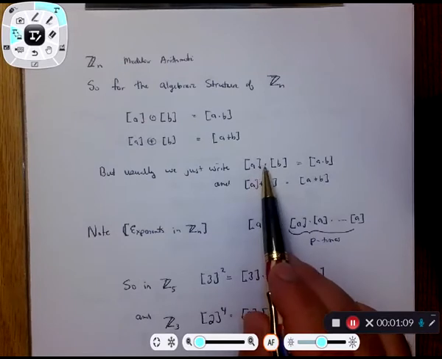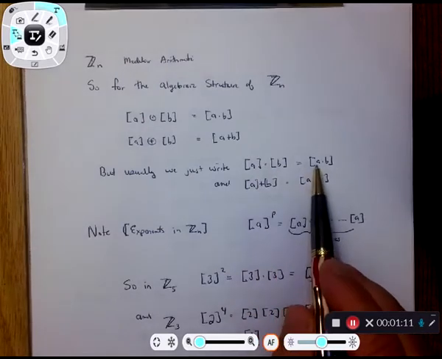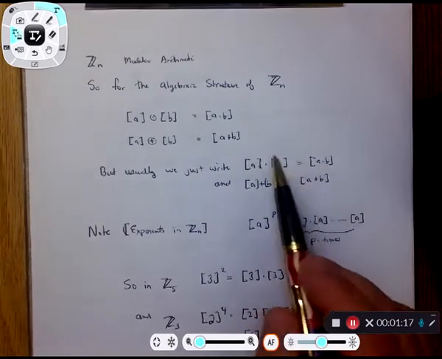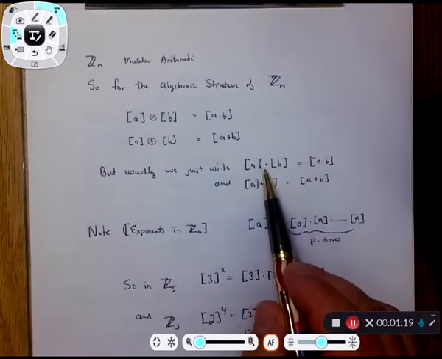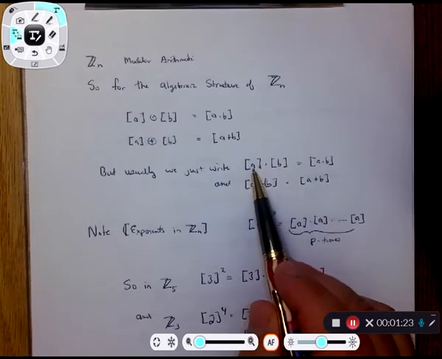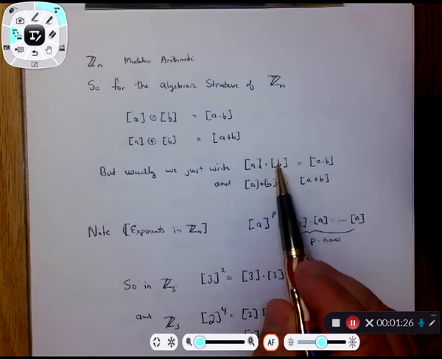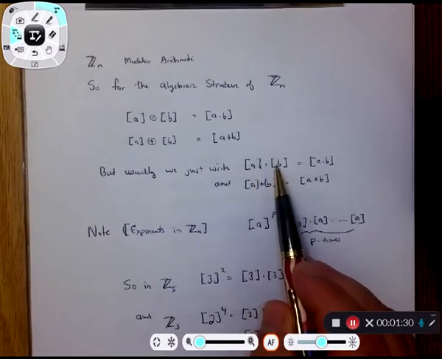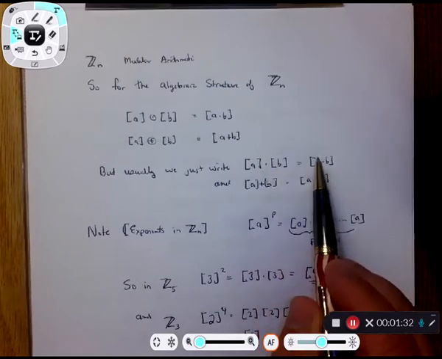And so we would end up basically just writing it like this. Equivalence class A times equivalence class B is equal to equivalence class A times B. Now, remember, this is not the exact same multiplication. For example, in Z4, let's try equivalence class 2 times equivalence class 3, which in Z4 would be equivalence class 6.